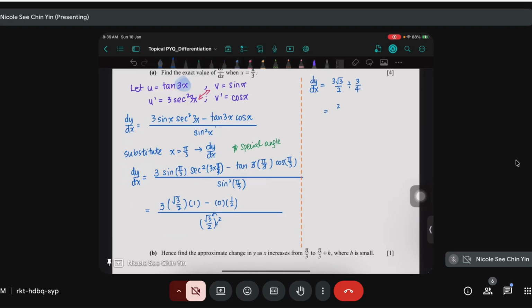So flip: 3 root 3 over 2 multiplied by 4 over 3. So we simplify, I will get 2 root 3.